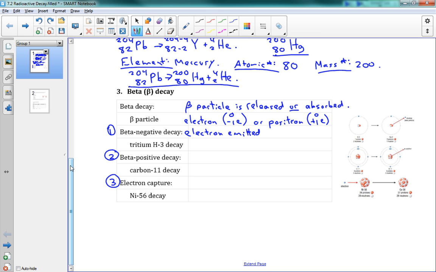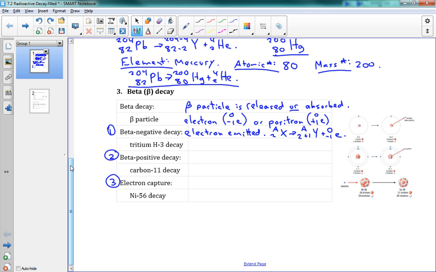Okay, that is our beta negative decay, and our equation for that looks something like ZAX to Z plus 1 AY plus -1 0 electron.